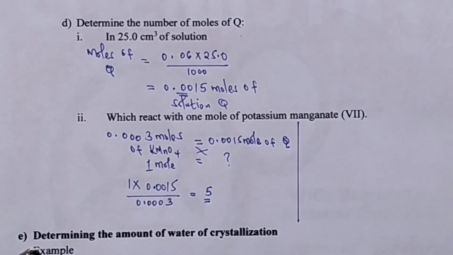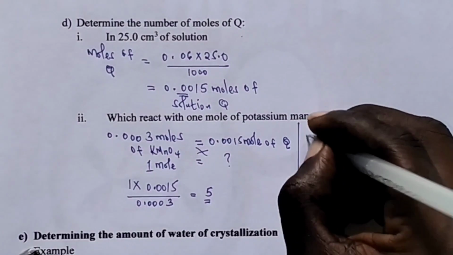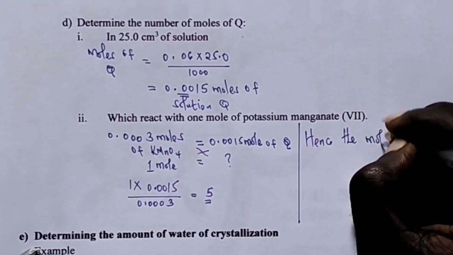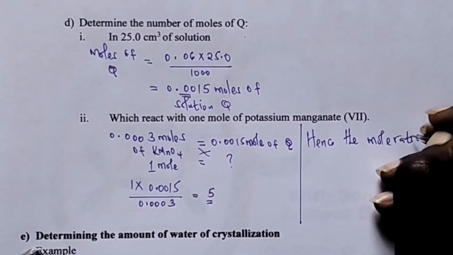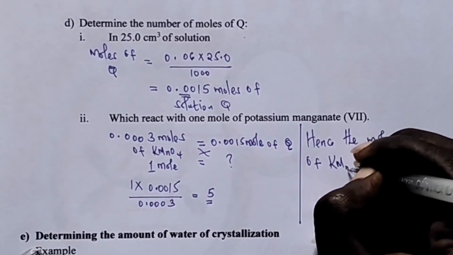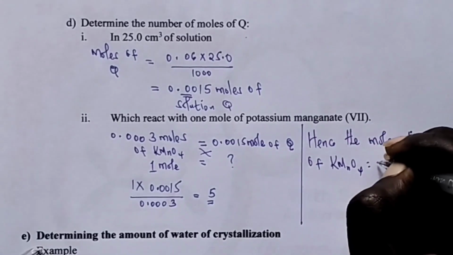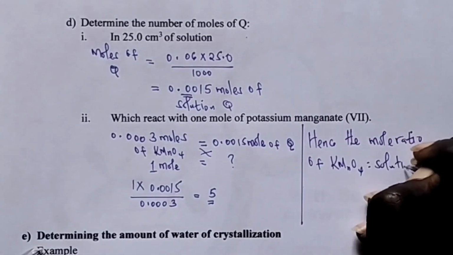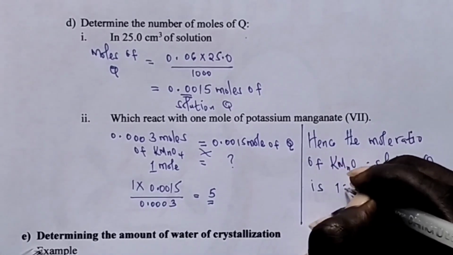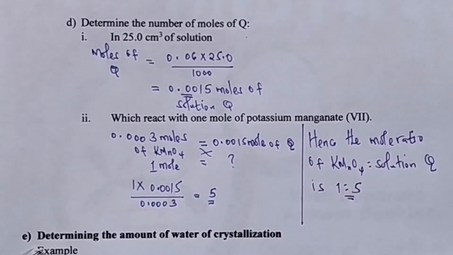Hence, the mole ratio of potassium manganate(VII) to solution Q is 1:5.